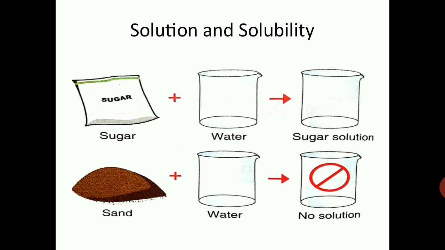But when sand is mixed with water, you know that they do not mix with each other. So we do not get any solution. Now, what will happen if you go on adding more and more of these substances to a fixed quantity of water? For example, if you take a beaker and add a few spoons of salt and stir it, in the beginning, they dissolve.